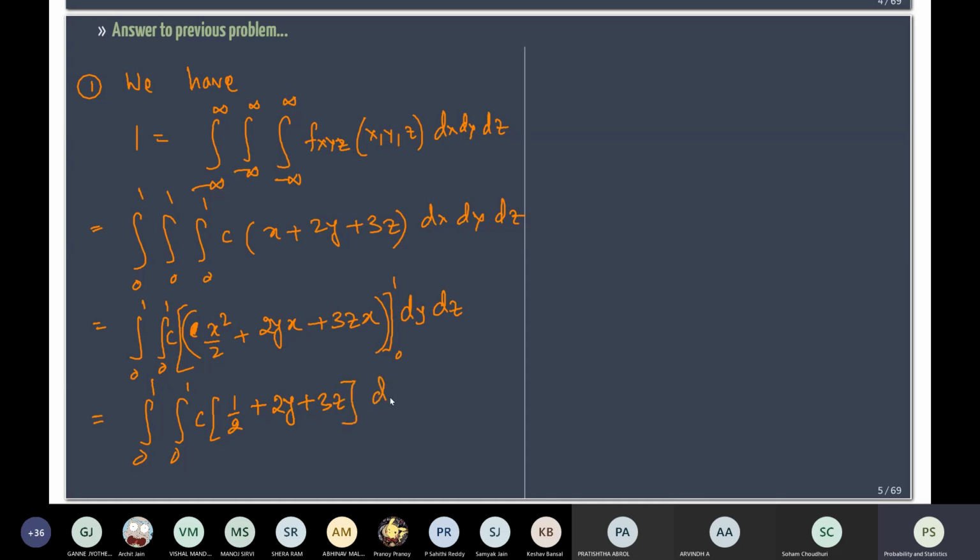So this is the value we get after integrating with respect to x. Similarly, I can integrate with respect to y. We have C times (half y plus 2y squared by 2 plus 3zy), and what is left is dz, from 0 to 1.